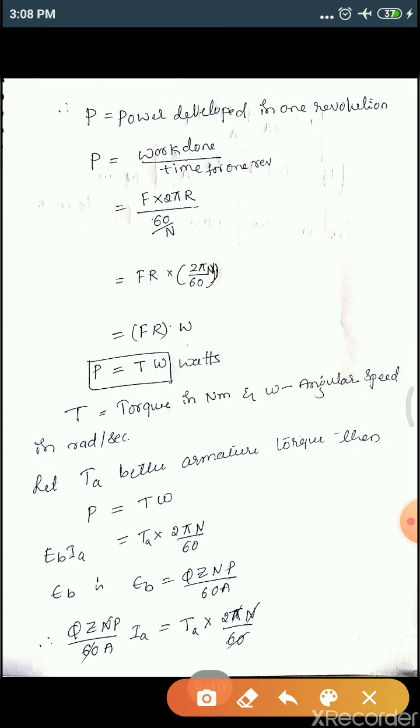Now we'll see the power developed. P is equal to work done per unit time.